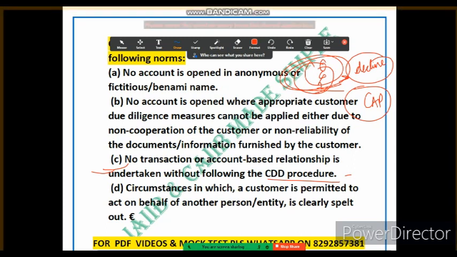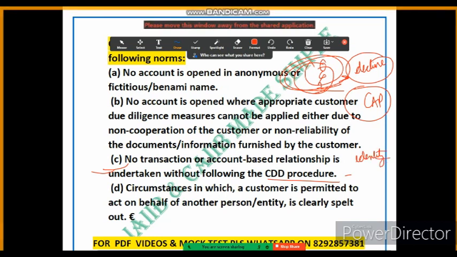The bank must first verify the customer's identity, which is very important, and the bank should assess the legitimacy of the transaction or relationship. This adherence to the CDD procedure ensures that banks only engage in transactions and relationships that are compliant and legitimate. Hopefully you have understood its meaning.